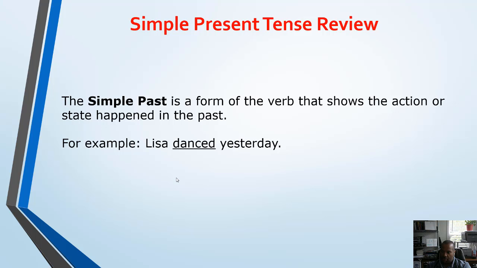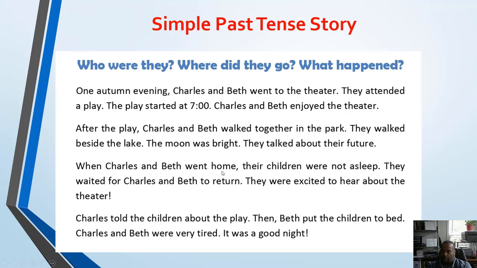We danced yesterday. And they danced yesterday. All right, so it's pretty simple. Hopefully that helps to remind us of what the simple past is and how to use it, the different forms. Let's look at a story and let's actually see how we use it.